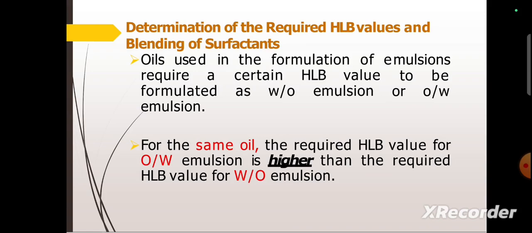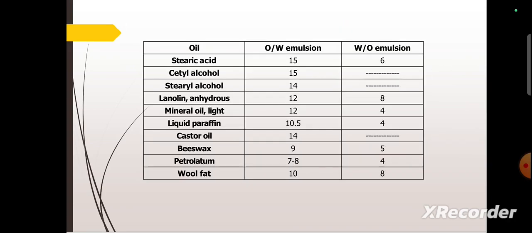Determination of the required HLB values and blending of the surfactants. Oils used in the formulation of emulsions require certain HLB values to be formulated as W/O emulsions or O/W emulsions. For the same oil, the required HLB value for O/W emulsion is higher than the required HLB value for W/O emulsion. In this table, we observe the oils and their emulsion types and their HLB values.